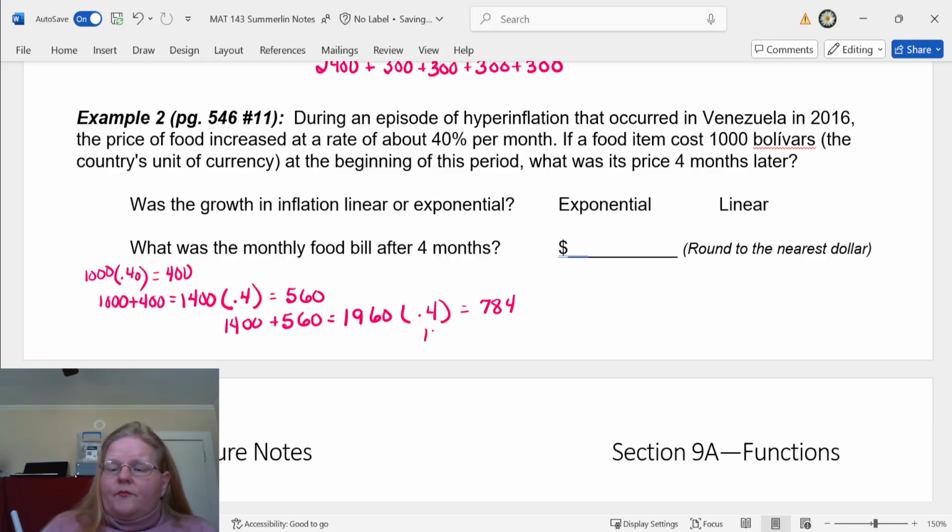So 1,960 plus 784 is 2,744 times my 0.4. That's 1 month, 2 months, 3 months. This will be 4 months.